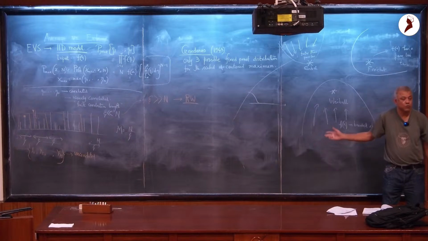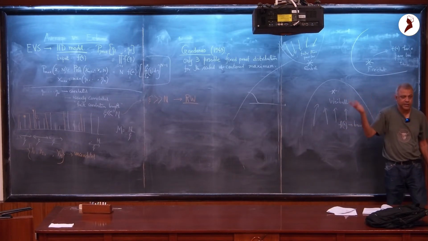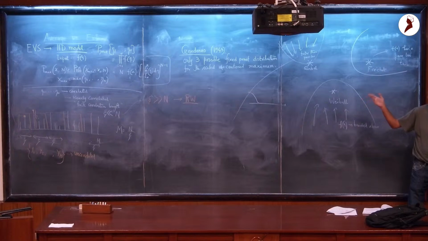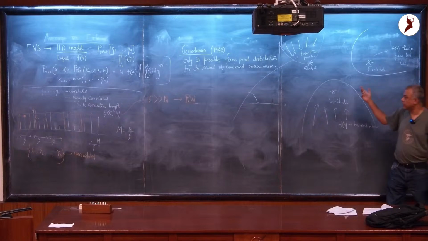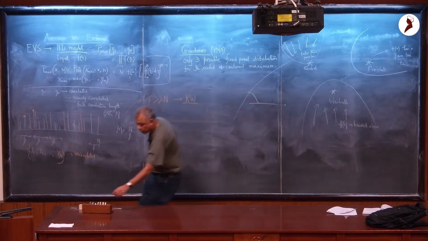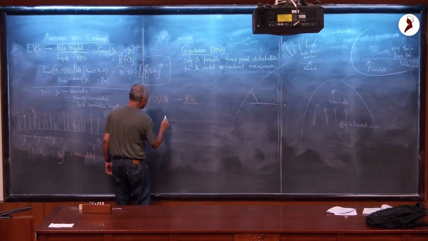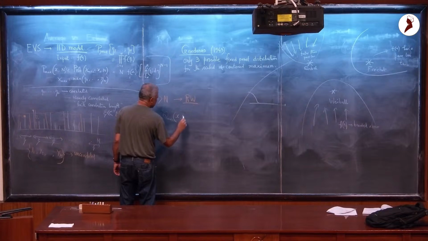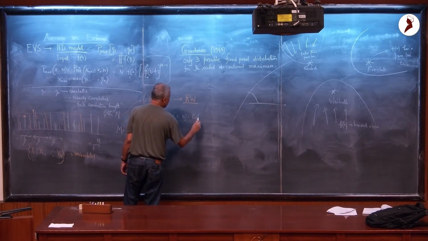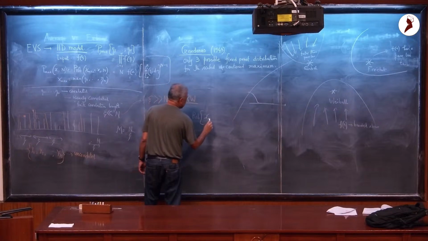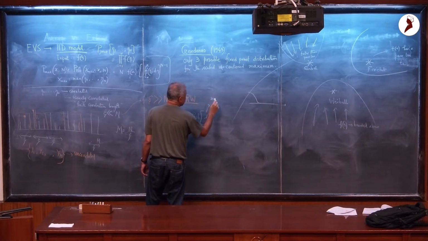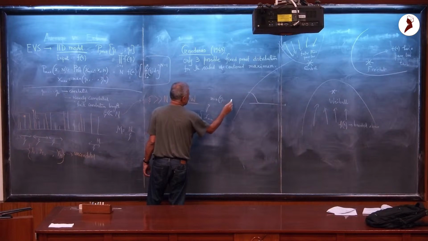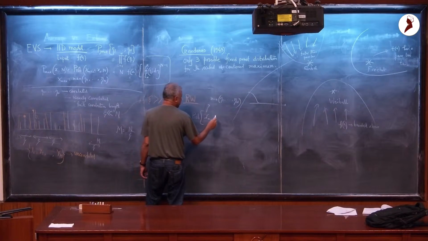One thing I did not do, of course, is carry out the similar analysis for the minimum; you should take it as an exercise. I looked at the maximum, and the minimum will be very similar. For the minimum, you should look at the cumulative distribution, the probability that x min, defined as the minimum of eta 1, eta 2, eta 3, up to eta n, is bigger than x.